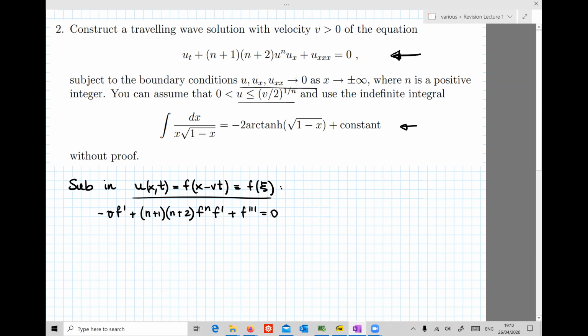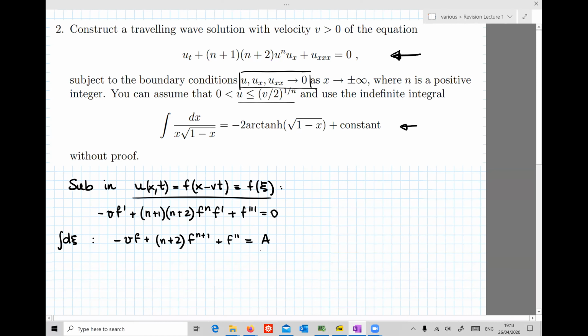Okay, so now we'll start integrating, and we'll use the boundary conditions that u and its first two spatial derivatives go to 0 at spatial infinity. So let's first integrate over xi once. So we get minus v f plus (n plus 2) f to the n plus 1 plus f double prime equal to a constant a.